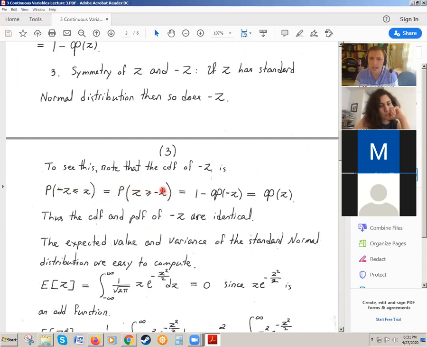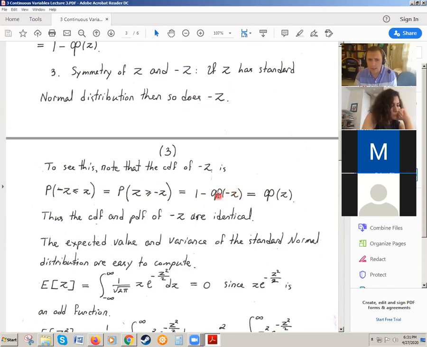And that is the same thing as 1 minus the cumulative distribution at minus z, because if I evaluate the probability that Z is bigger than some number, it's always 1 minus the probability that adds up to minus z.